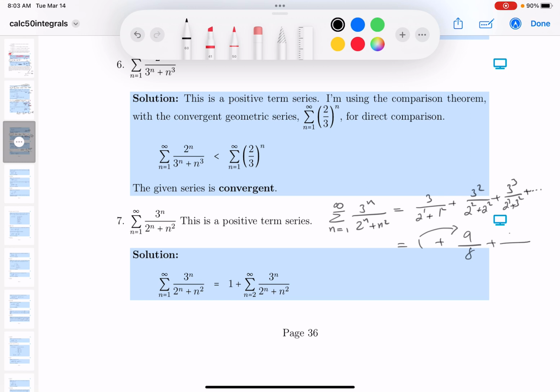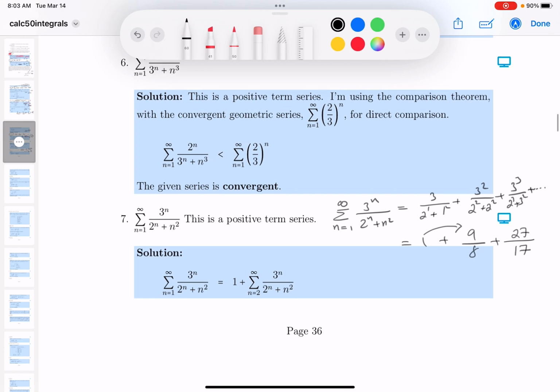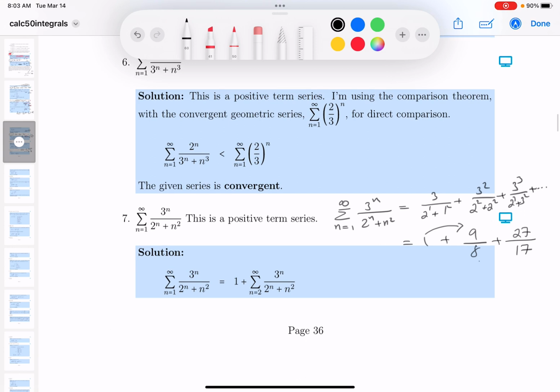All right, let's look at the next term. What do you get there? 27. And the next term would be what? 2 cubed, which is 8, plus 9 is going to be 17. Looking at the relationship between these two terms, is it going up or down?